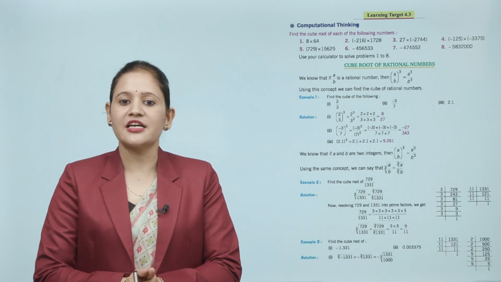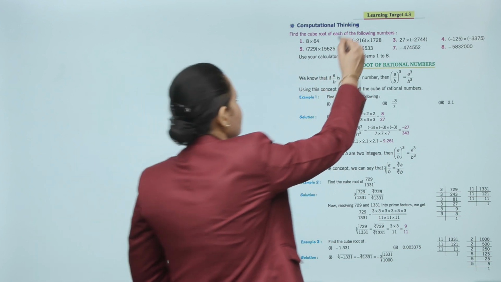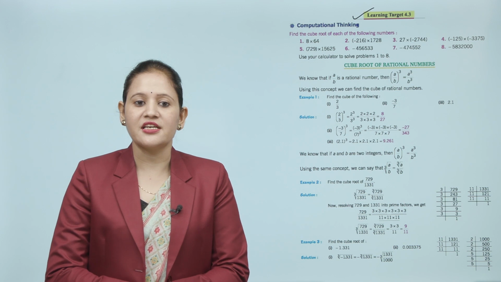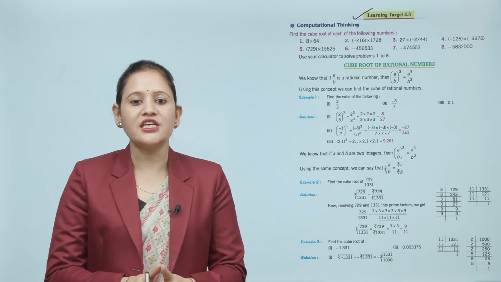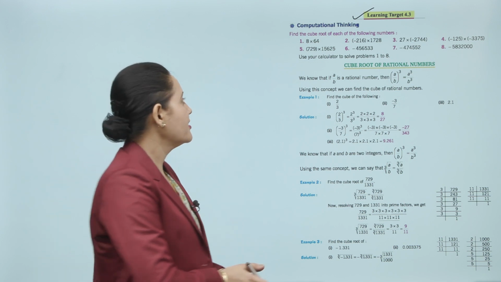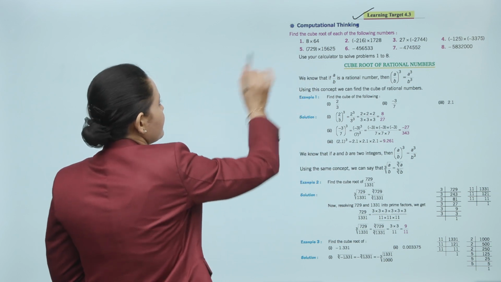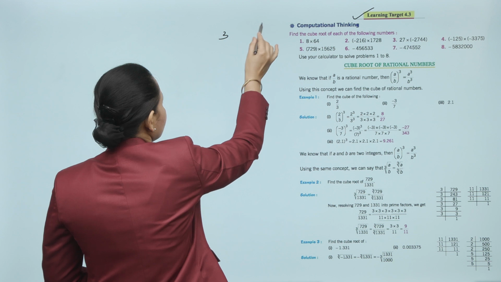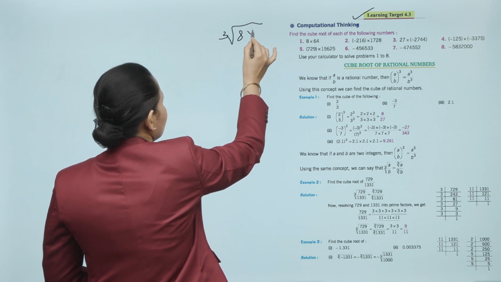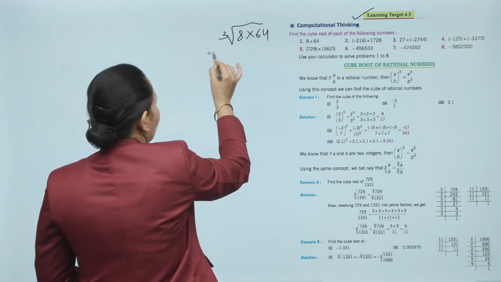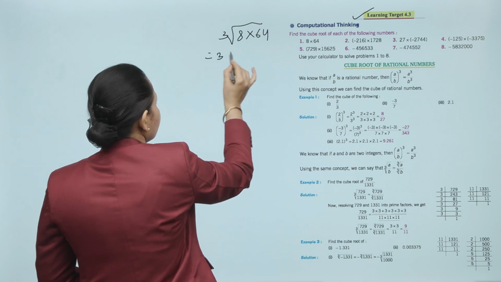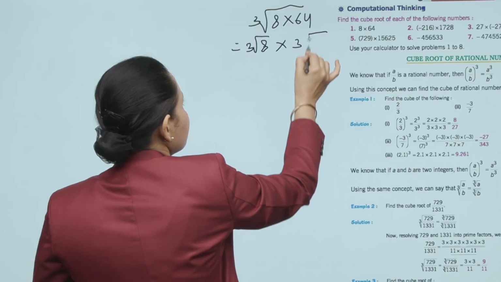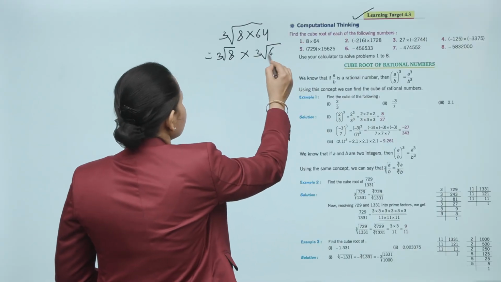Next, learning target 4.3. Computational thinking. Find the cube root of each of the following numbers. So we have to find the cube root of 8 into 64. Write 8 into 64, or we can write cube root of 8 multiplied by cube root of 64.